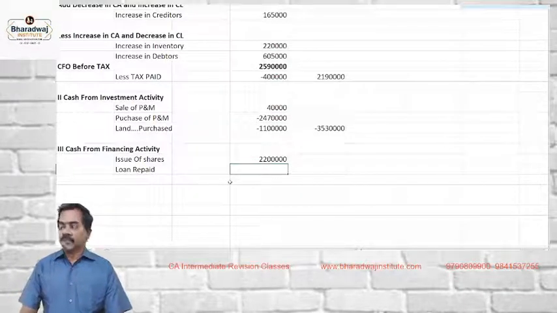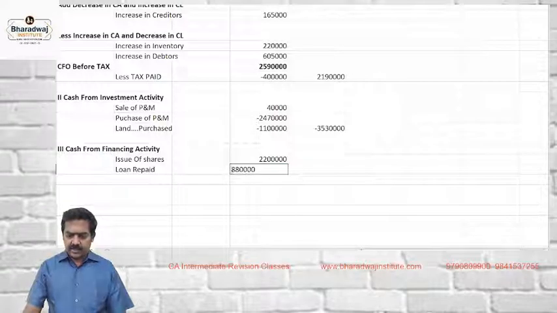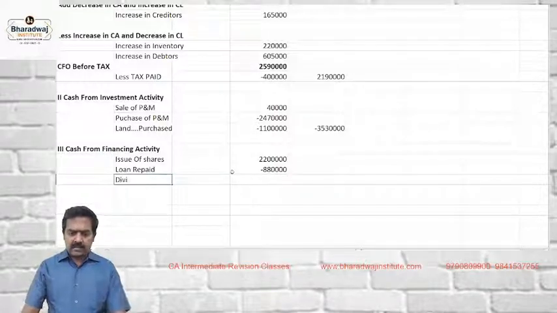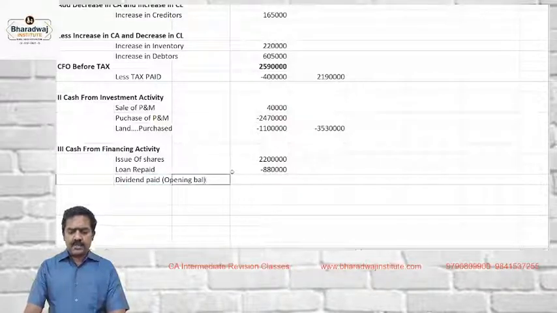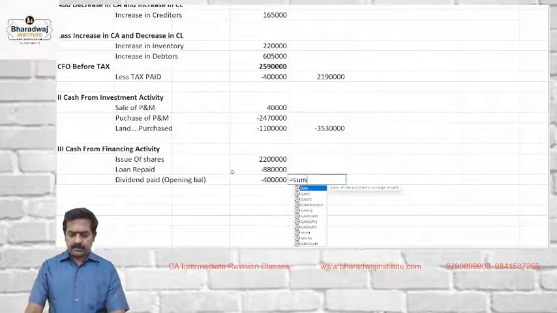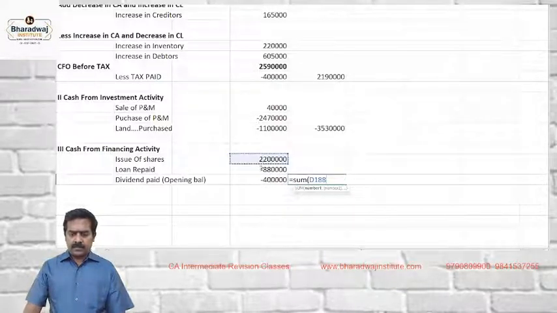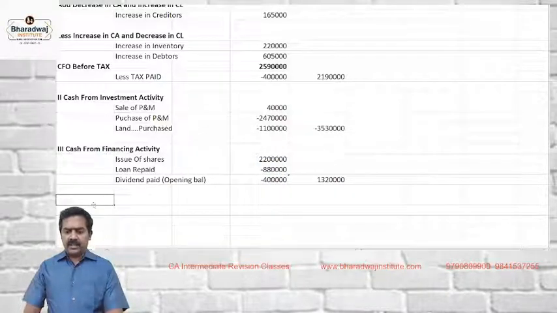How much? 8,80,000 minus. Then dividend paid. What is the opening balance? This will give us financing activity. Net increase or decrease?